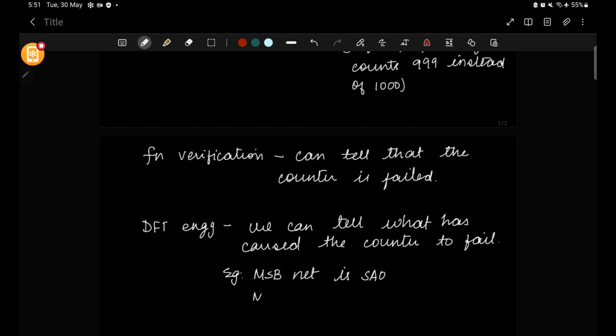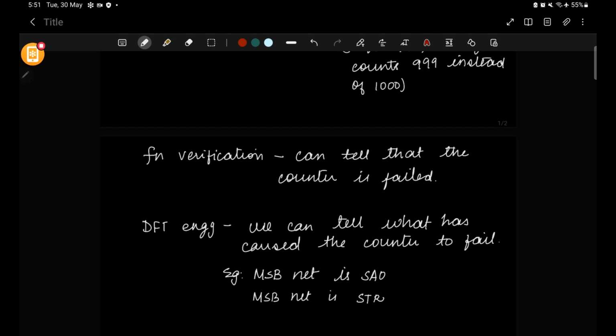Or the MSB net has a slow-to-rise fault; it has not risen within that time period. We will be able to tell this additional information.